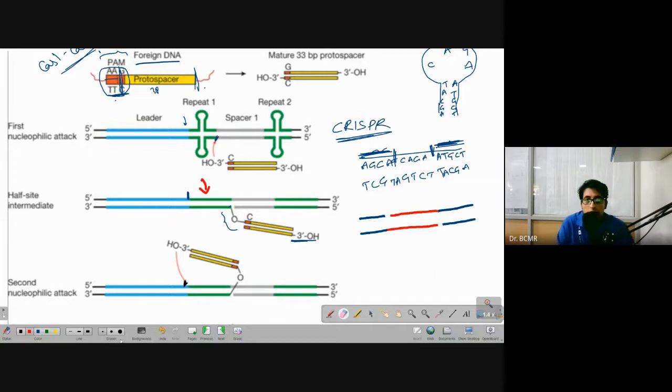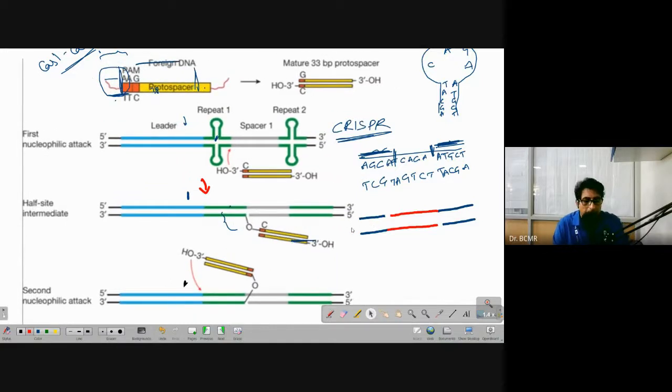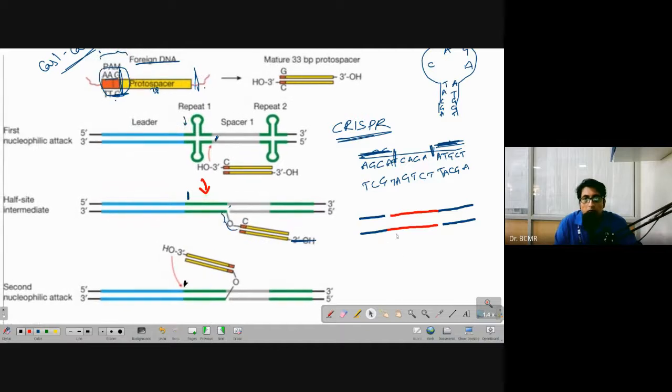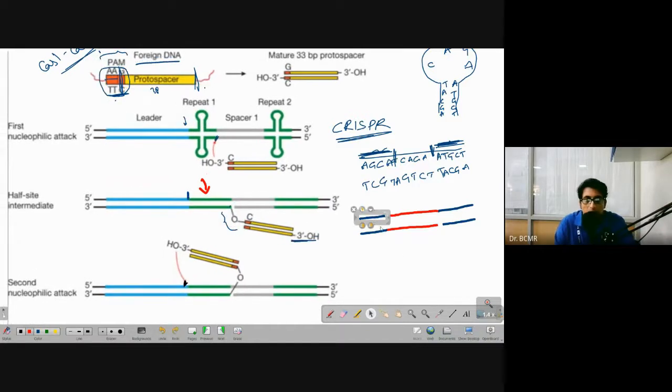And what will happen now is that this region will move like this.